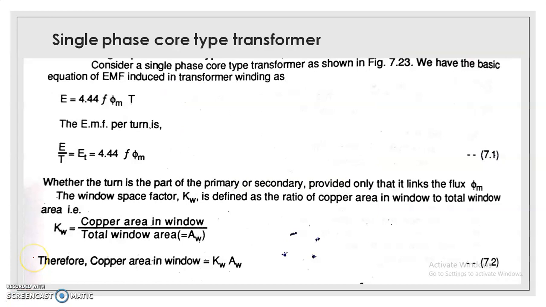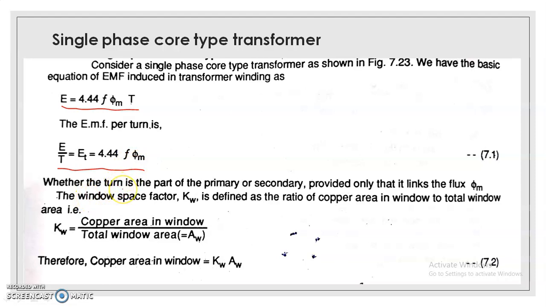Now consider a single phase core type transformer. We saw the diagram; as per this diagram we will go forward. We have the basic equation of EMF induced in the transformer winding as E equals 4.44 F phi m into T. The EMF per turn is E divided by T, so we get 4.44 F phi m.